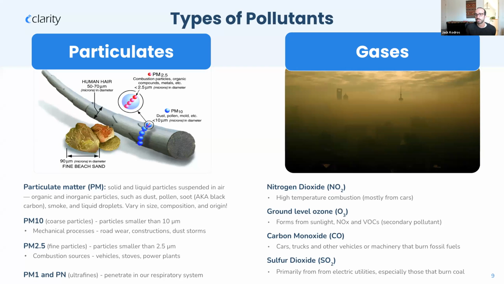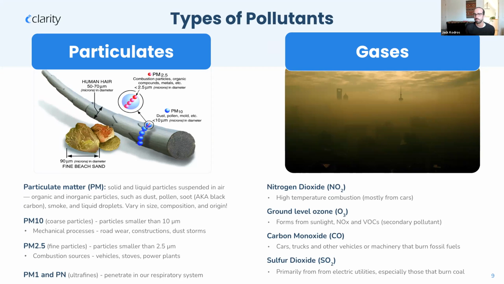So the other category is gases. And now gases are regulated by chemical composition. So gas chemical compositions could be nitrogen dioxide, which usually comes from combustion. A lot of it's from cars in urban environments. Ground level ozone, which forms from other pollutants. It's a secondary pollutant. Just to keep in mind, ozone at the surface is toxic for us to breathe in.